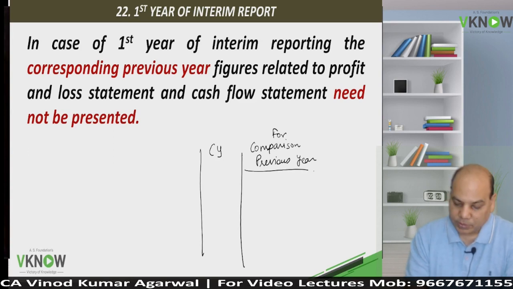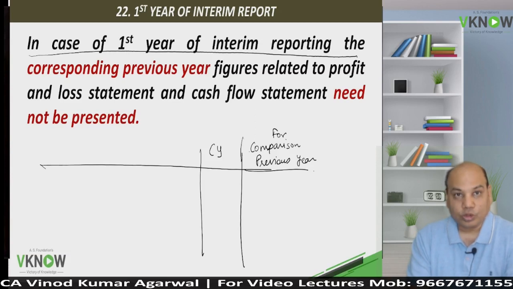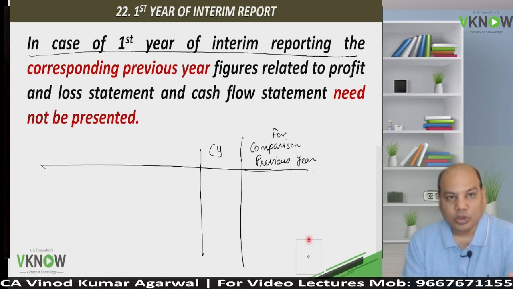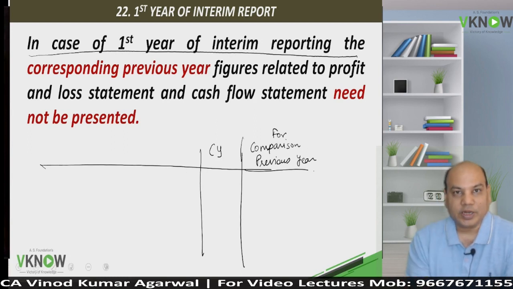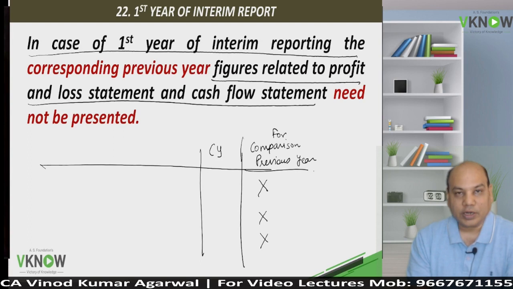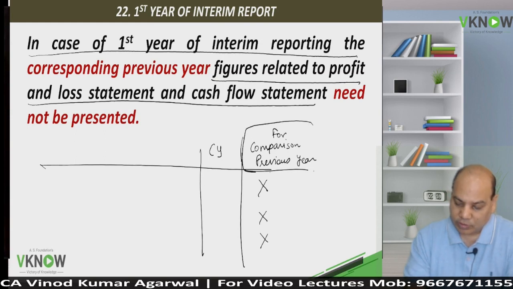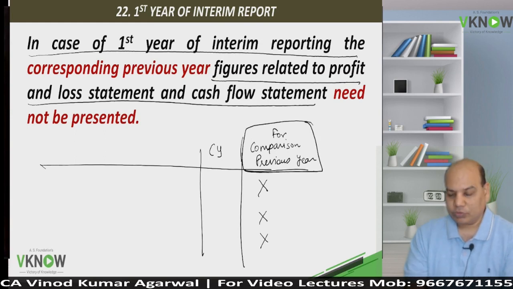But in case of the first year of interim financial reporting, you are preparing an interim report for the first time. Last year you had not prepared an interim report. Then figures relating to the P&L account and cash flow statement are not required. That means corresponding figures of the previous year are not required because previously you were not preparing interim financial reports.